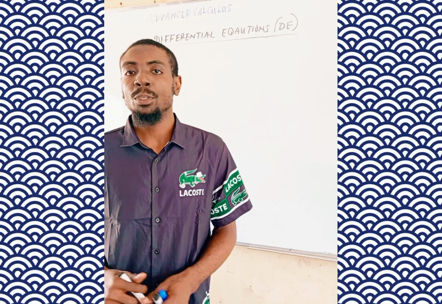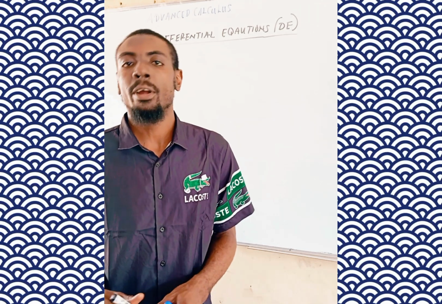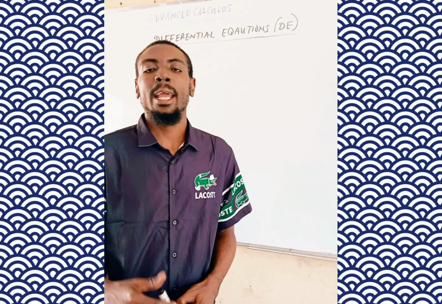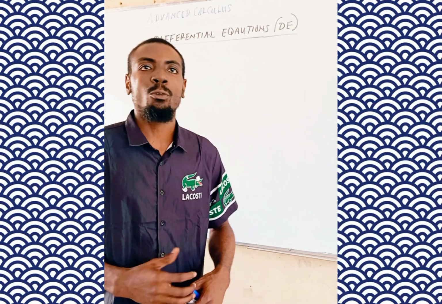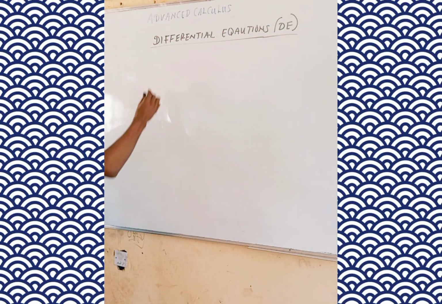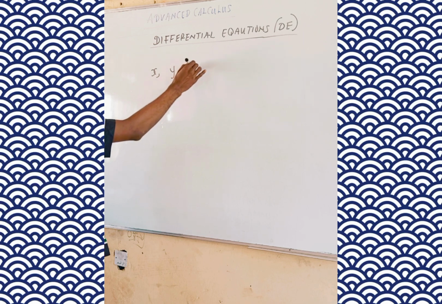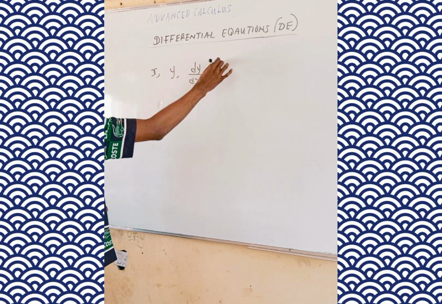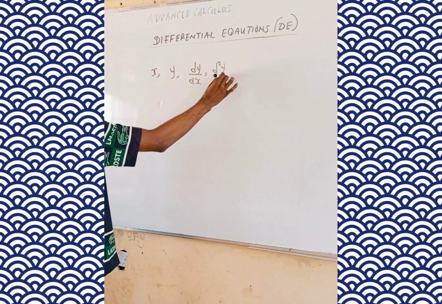So we have an independent variable x, a dependent variable y, and dy over dx, d square y over dx square.